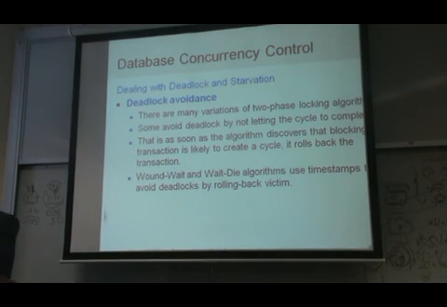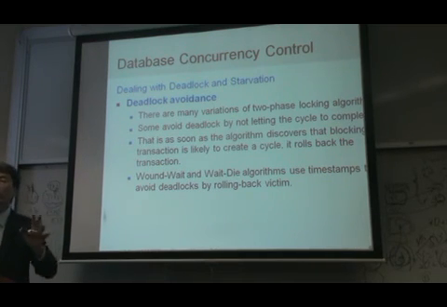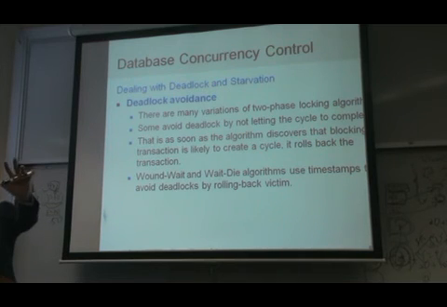Timestamp is the starting time of the transaction. Which one is older, which one is younger, you need to check. So either of them will die, which means killed. Another one will acquire the lock. Then we can solve the problem.